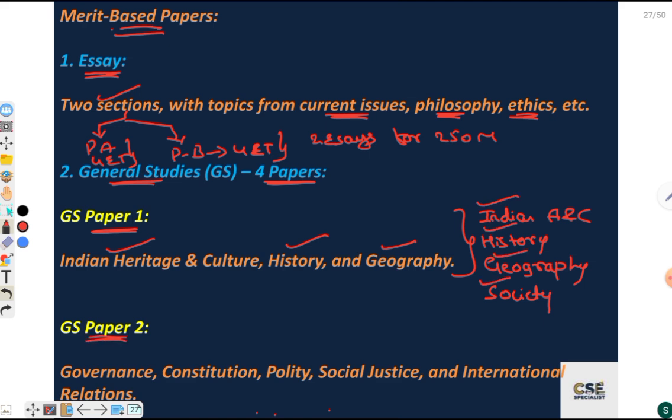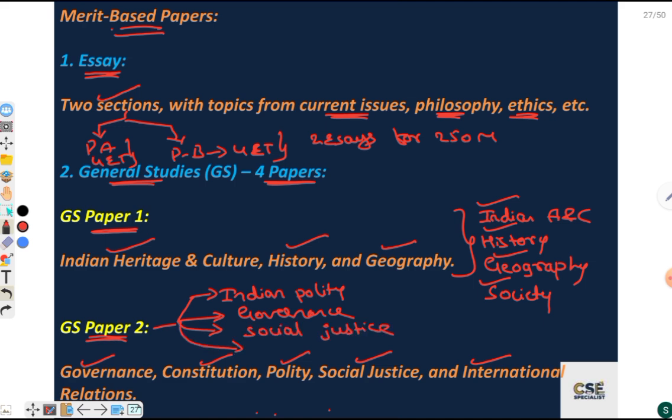Next, coming to the GS2 paper, the syllabus is governance, constitution, polity, social justice and international relations. In GS2, you have to cover Indian polity, governance, then social justice, international relations, and the questions arise from each of the topics that has been mentioned in the syllabus.